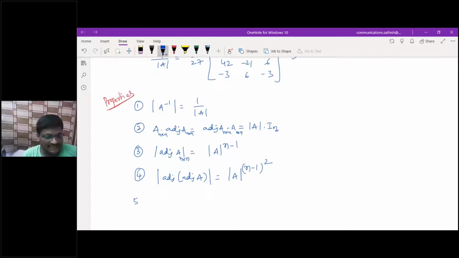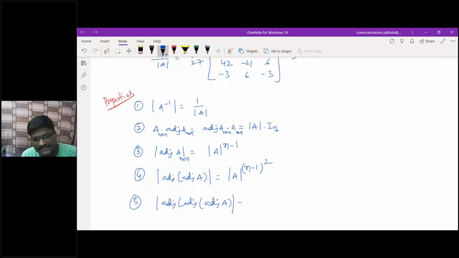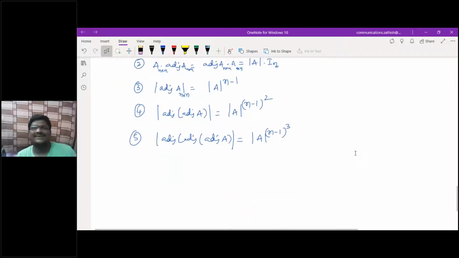If I increase one more order, it will be determinant of A whole power n minus 1 whole power 3. Likewise you will have different strategies. These are all proven results, so keep this in mind to solve problems based on this criteria. Understood?